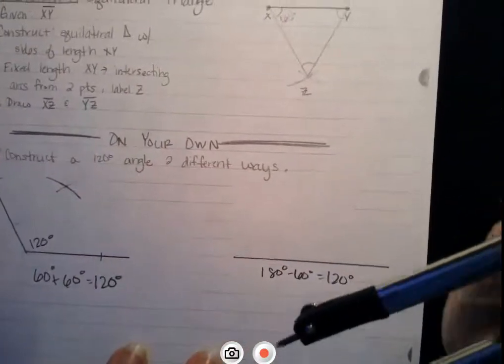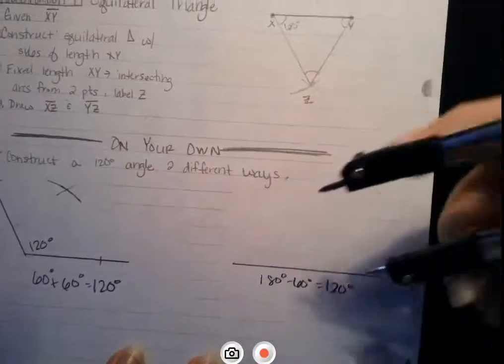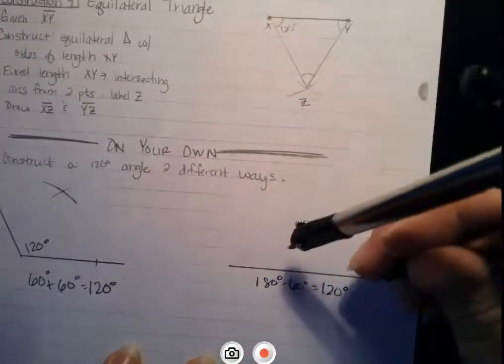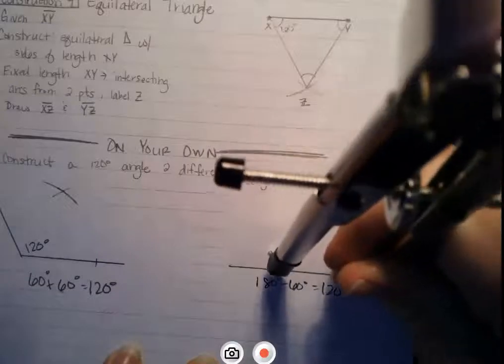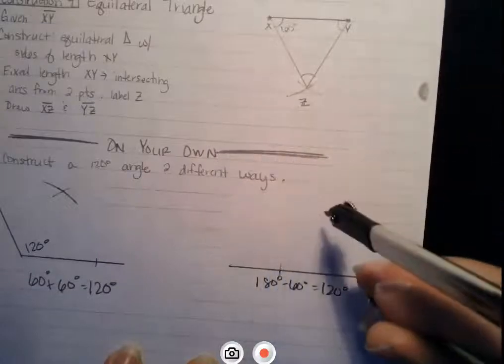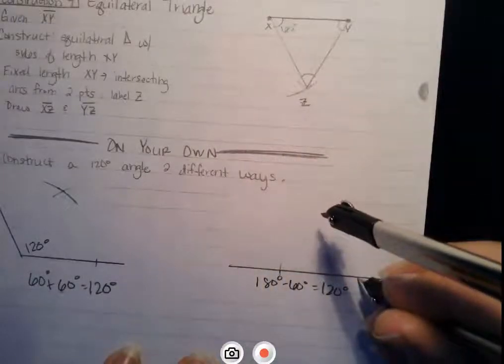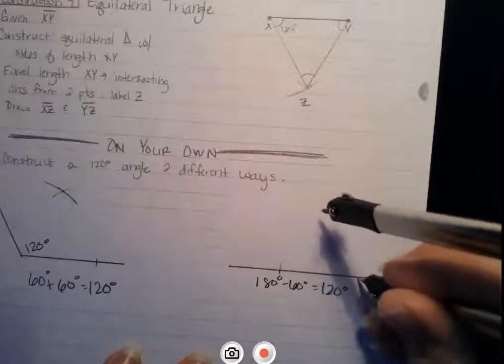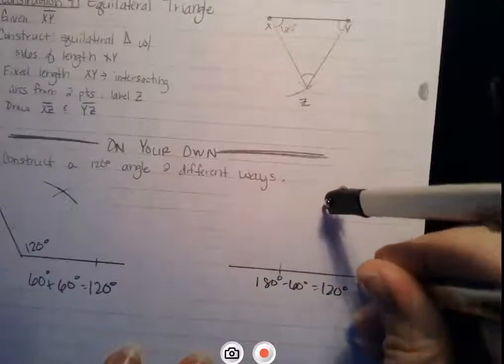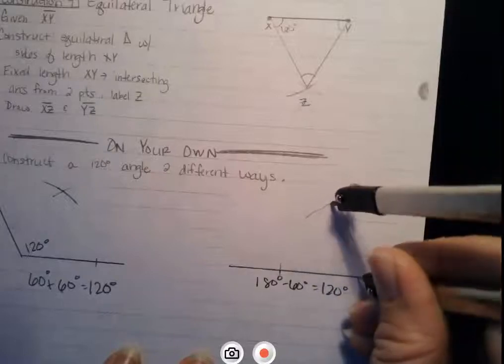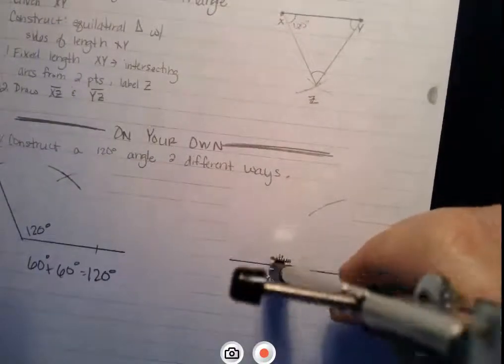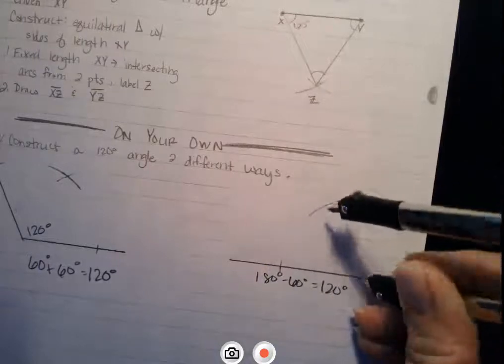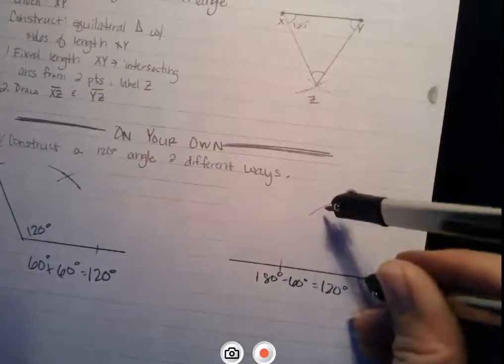So let's say we do one point of intersection there, and so we go up here and make our point. How did you get the first line again? I just drew it, a straight line, using my straight edge. And then I put a point on there, and I put an arc on the line and up above to get my 60 degrees.